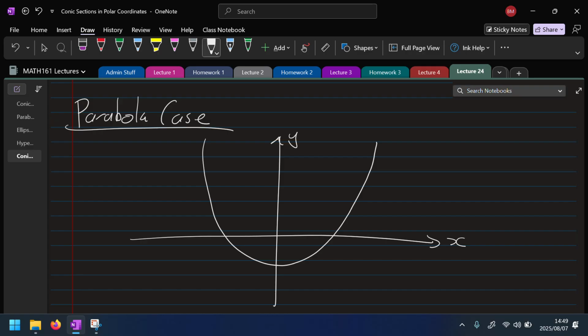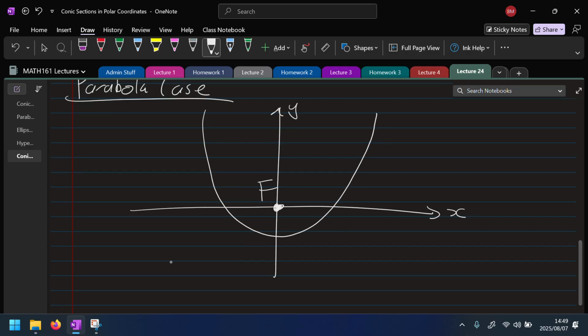So before we had the parabola at the vertex, at the origin, we're going to shift it down a little bit, such that the focus is at the origin. Okay, so in other words, we take our parabola and we shift it down by P. So here is our focal point at the origin. Okay, then we've got the vertex somewhere underneath that, and then the directrix line under that. Okay, so again, it's exactly what we did on Tuesday. We're shifted down by P.